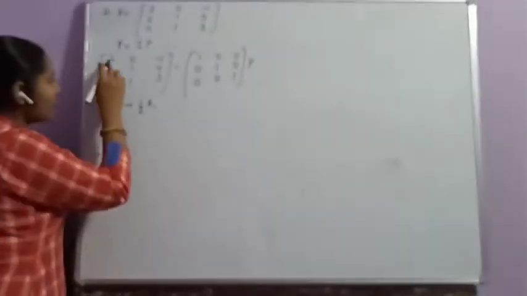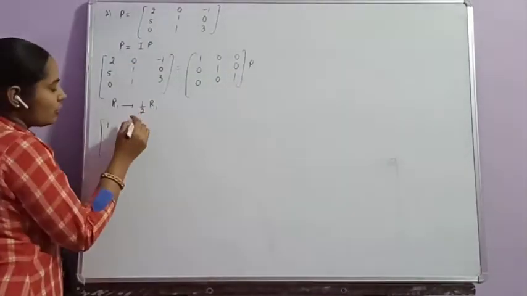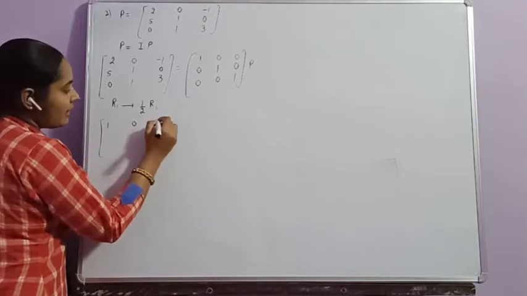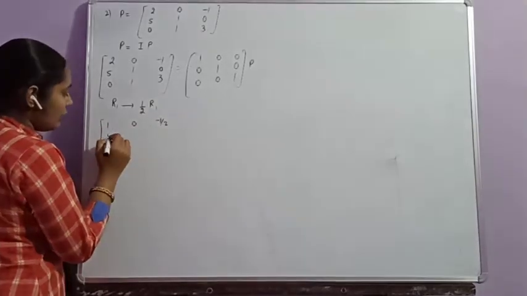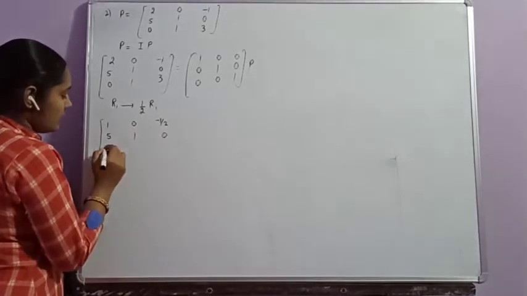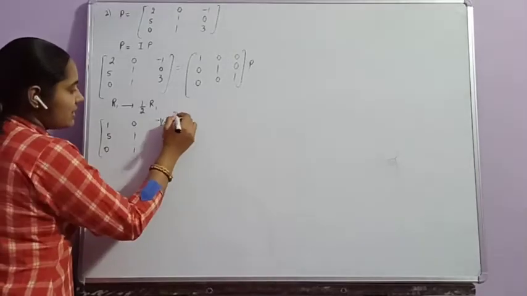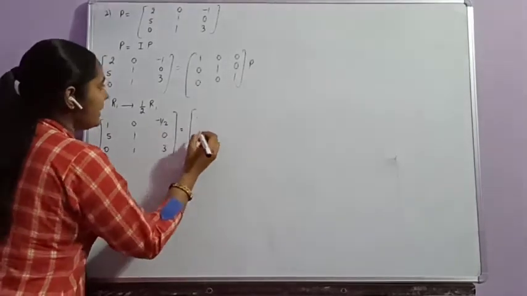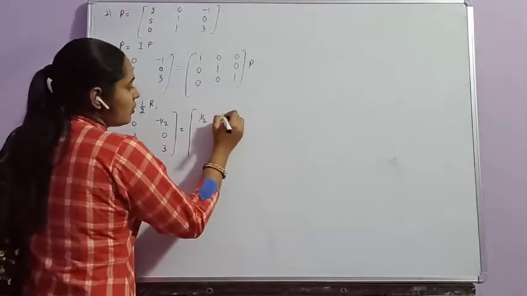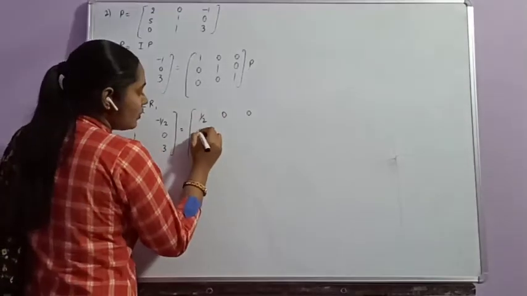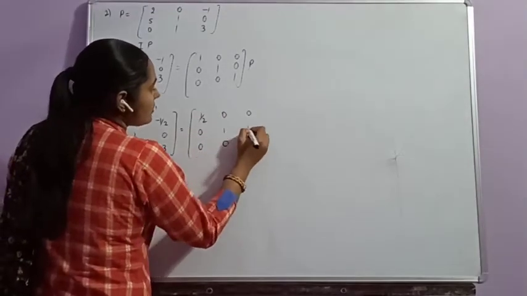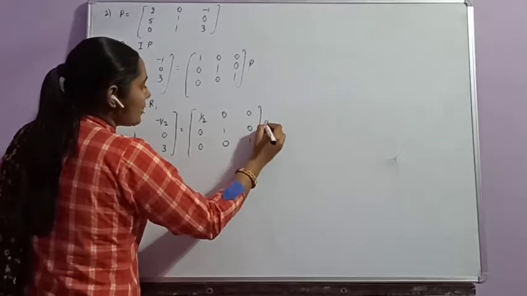By dividing by 2 we get 1 here, 0 by 2 that is 0, minus 1 by 2 that is minus 1 by 2, then 5 1 0 and 0 1 3. The same operation is applied on the right hand side, that is 1 by 2, 0, 0, then 0 1 0 and 0 0 1 into P.